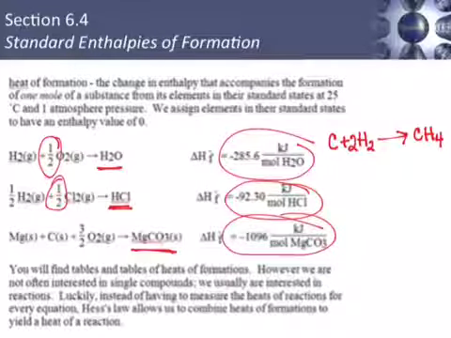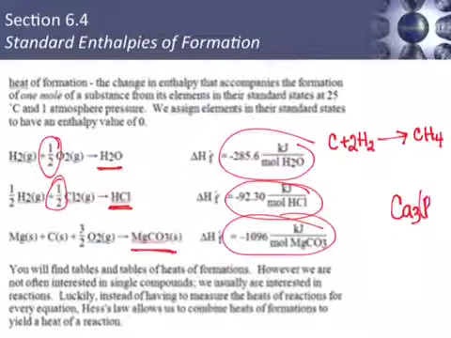So now let's make one more thing. Let's make a mole of calcium phosphate. So what elements make up calcium phosphate? Calcium. And how many calciums do we need? 3. What else do we need? Phosphorus.